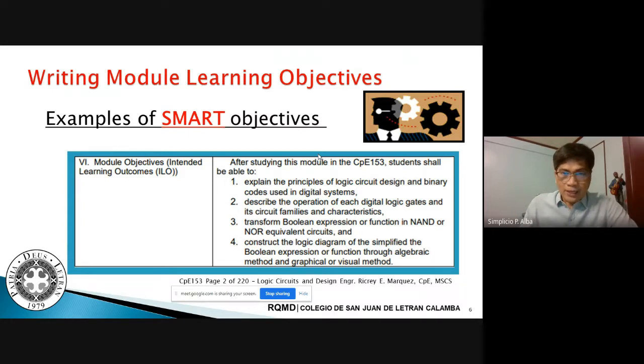And then the principles of logic circuit design, operation of each digital logic gate, expression of function, and the logic diagram of the simplified Boolean expression, making these objectives specific, measurable, and realistic.